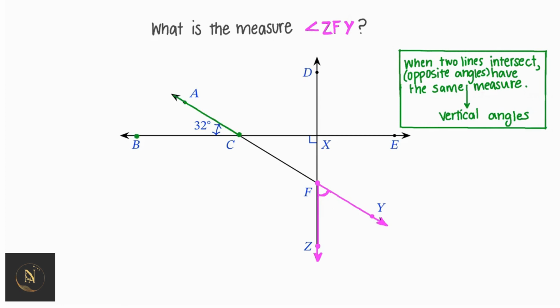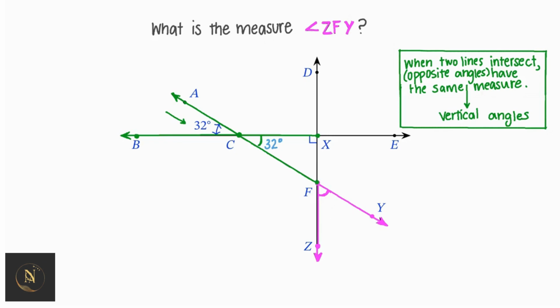Angle ACB is an opposite angle to angle FCX. So angle FCX has the same measure as angle ACB. These two angles are vertical angles.